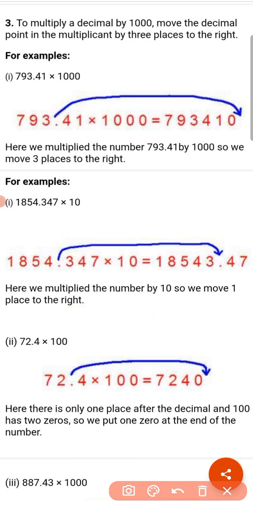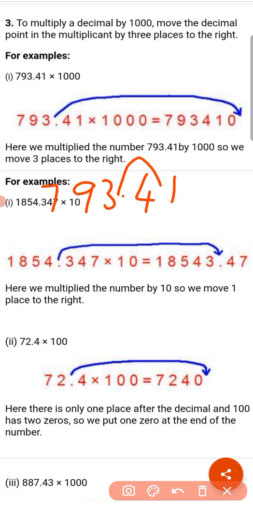Okay, let me explain this, children. Our question is 793.41. We are multiplying by 1000. It means you should move 3 places to the right. The decimal point should move 3 places to the right.